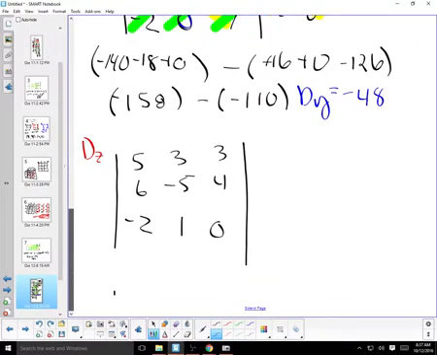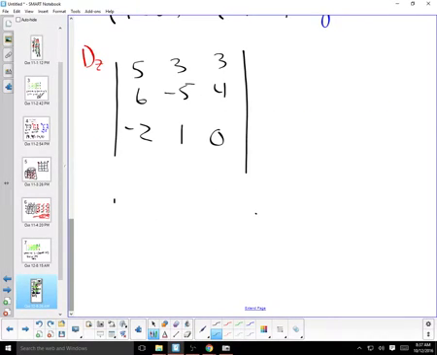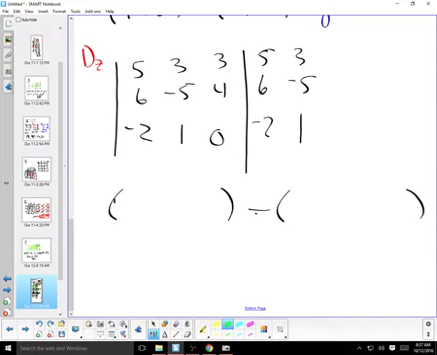Right? Awesome. Let's expand the matrix. 5, 6, negative 2, 3, negative 5, 1. And of course it's something minus something. We're almost there. 1, 2, 3. You get it, right? 0. Yay.